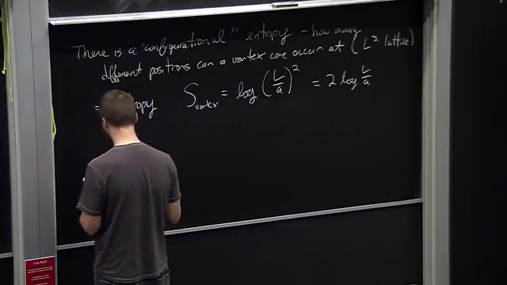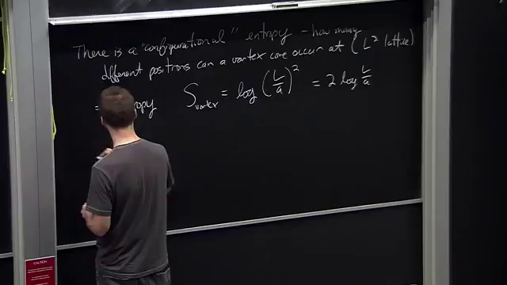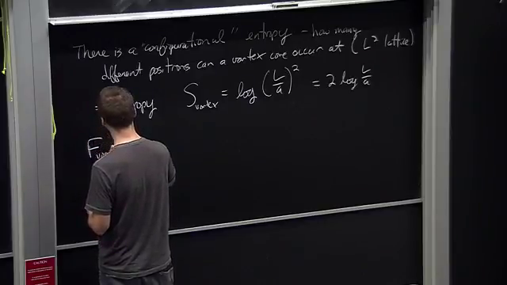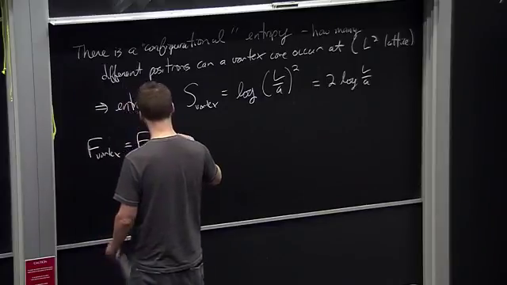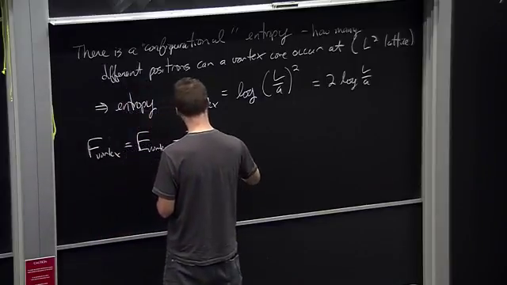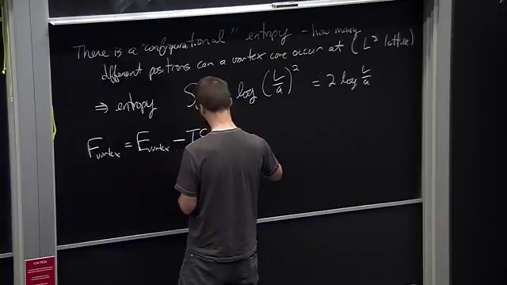And that's where the Kosterlitz-Thouless transition comes from. So the free energy of a vortex is the energy of a vortex minus T S of the vortex core.